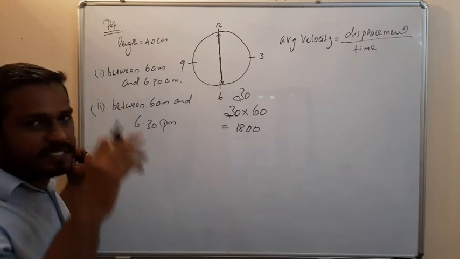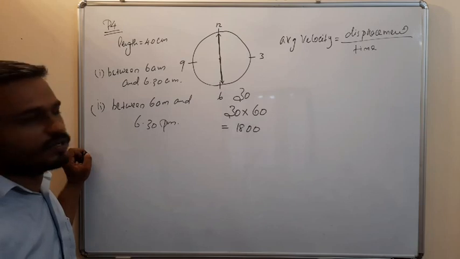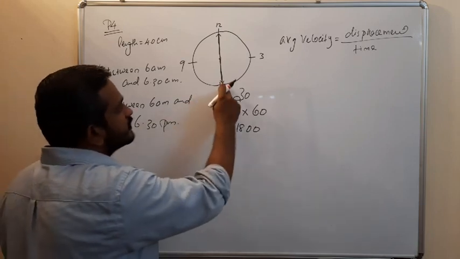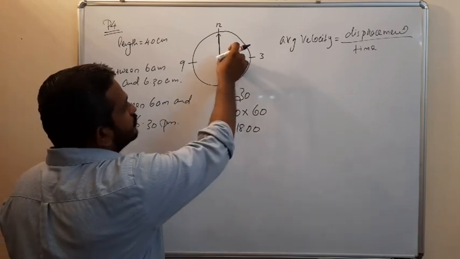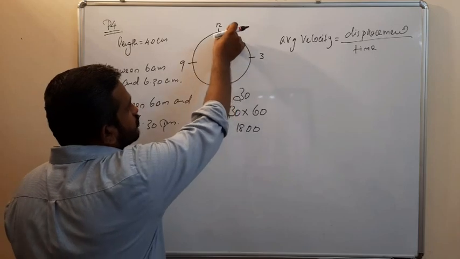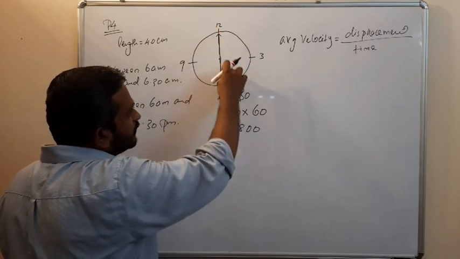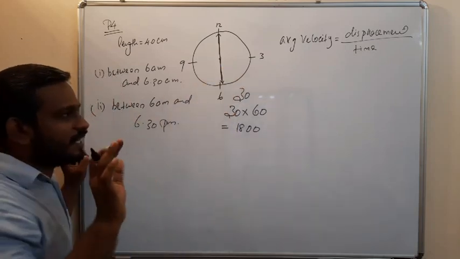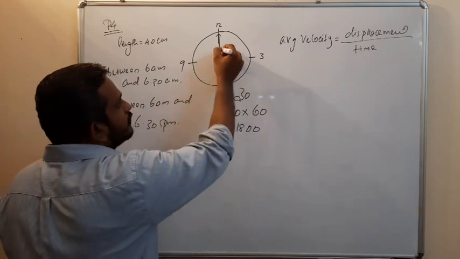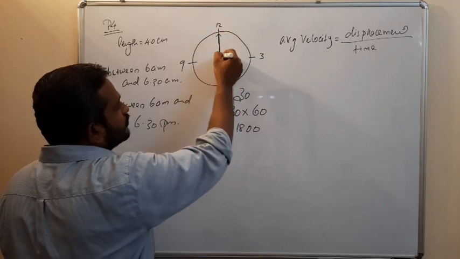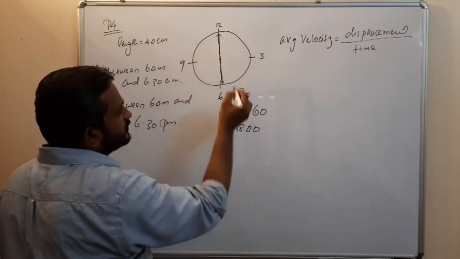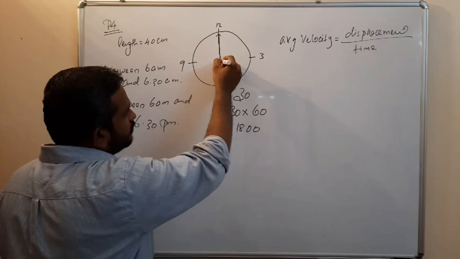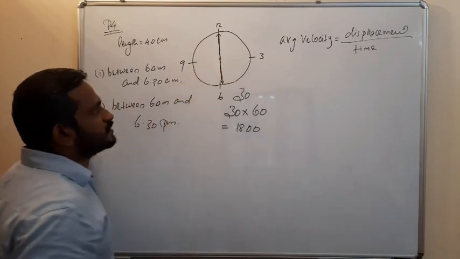So in the evening it will reach 6 o'clock, that is 6 p.m. In that position also the minute hand is in this position, and at 6:30 p.m. it will also come to this position. Okay, 6 a.m. means this is the position of the minute hand. When it reaches 6:30 p.m., the position of the minute hand is in this position.